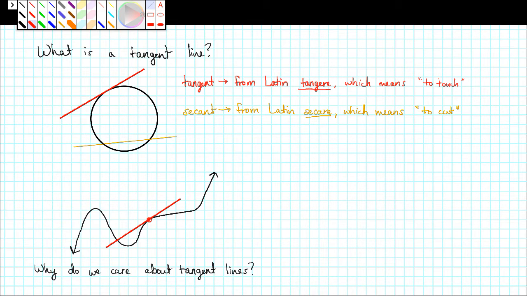And if you were to describe this particular function as it is, you might say that it starts out rising pretty steeply, and then it hits a peak, and then it starts to decrease, and then it hits a low point, and it rises pretty quickly, and then at some point it starts rising much more slowly, and then it starts to rise more steeply again.